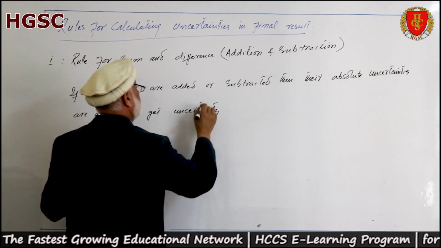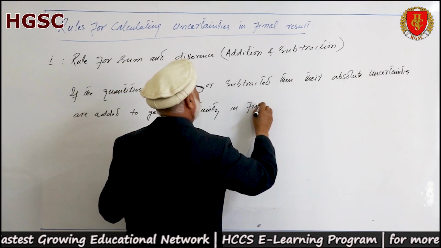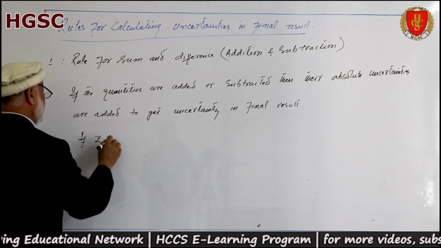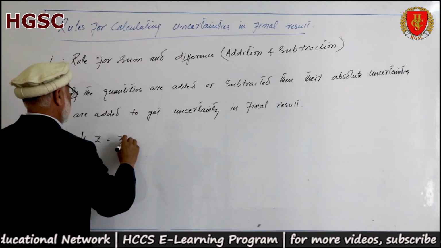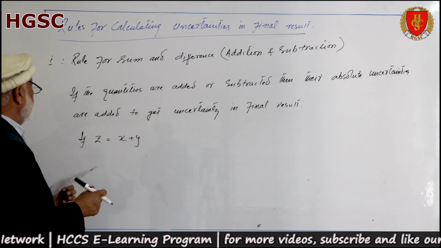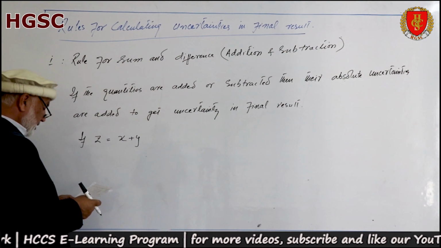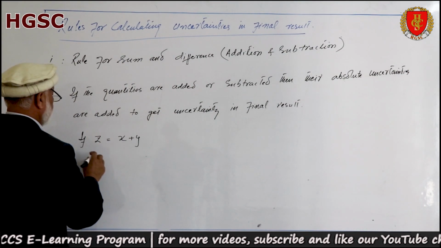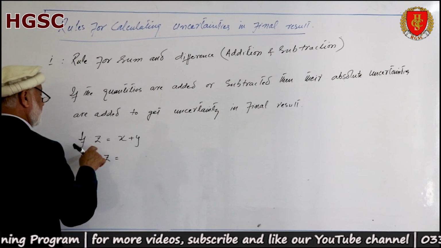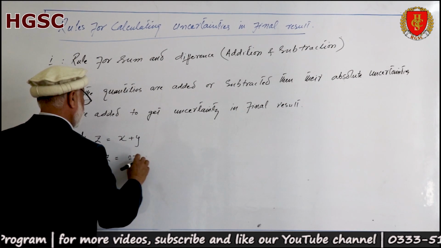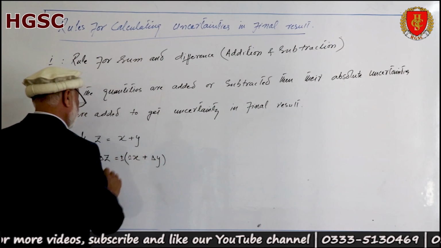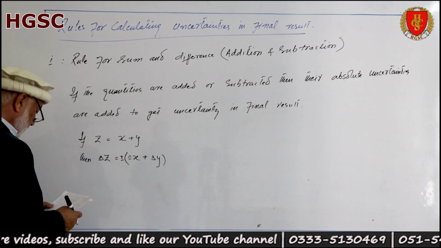If z is equal to x plus y, two quantities x and y are added and the result is z, then delta z, the uncertainty in the result, is delta x plus delta y, having sign plus and minus.